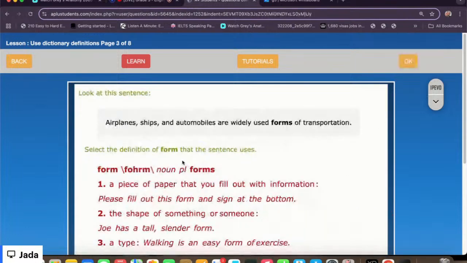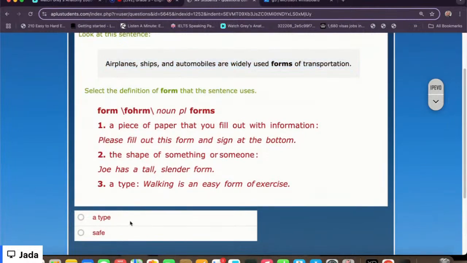Okay, so we have airplanes, ships, and automobiles are widely used forms of transportation. So, which is the definition of form here? A type or shape? Which is the definition?